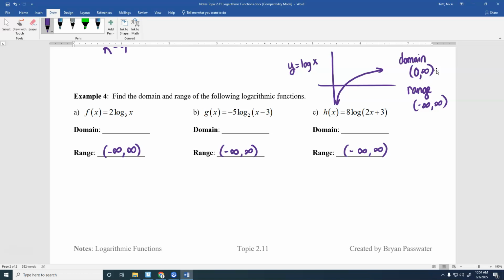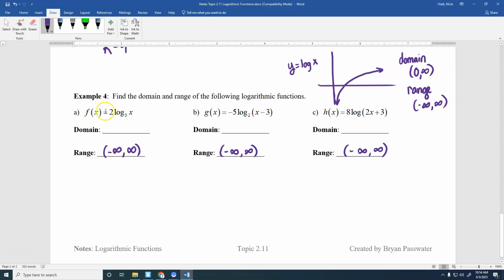It will not. But if I shift it left or right, that's going to change my domain. Actually, just the horizontal compression or expansion does not change it, because this number is 0 right here, and when you multiply 0 by anything, it just stays itself. So really, it's only shifts left or right that are going to change that domain. Yeah, in the parentheses.